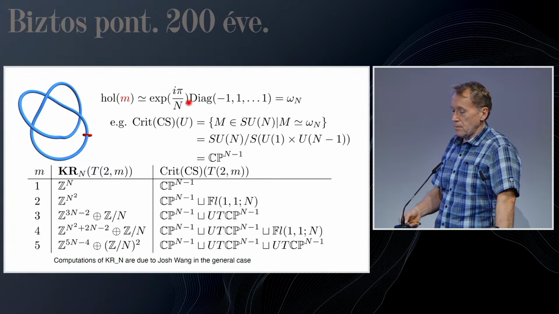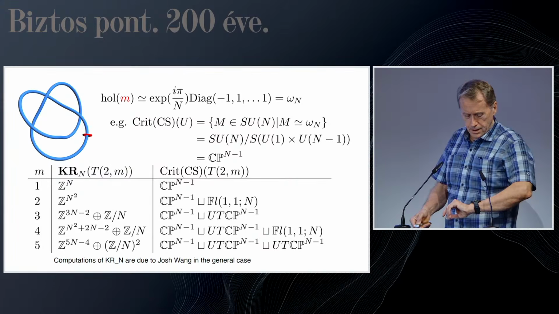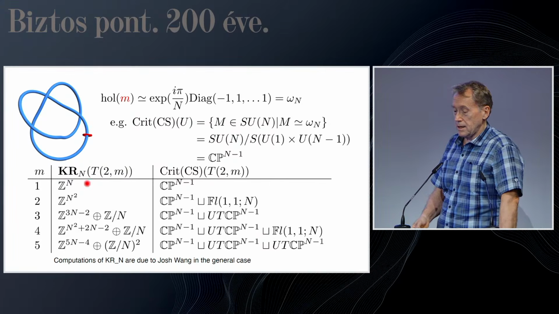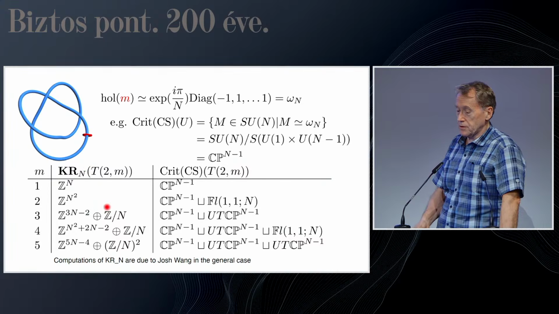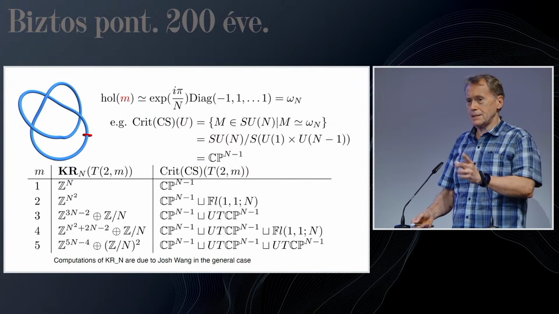The observation I want to make is that this theory gives you a nice kind of explanation for what the Khovanov-Rozansky homology for these torus knots is. If you look at the critical point set of the Chern-Simons function, remember there's a base point.